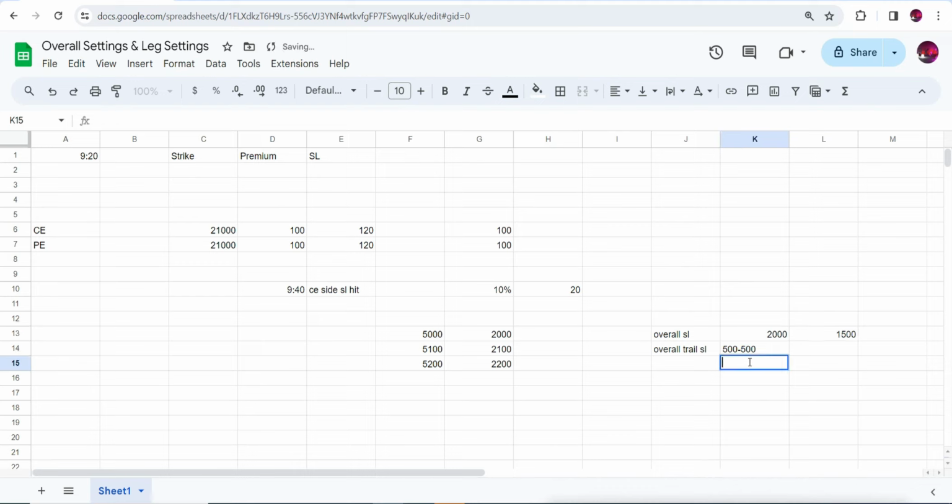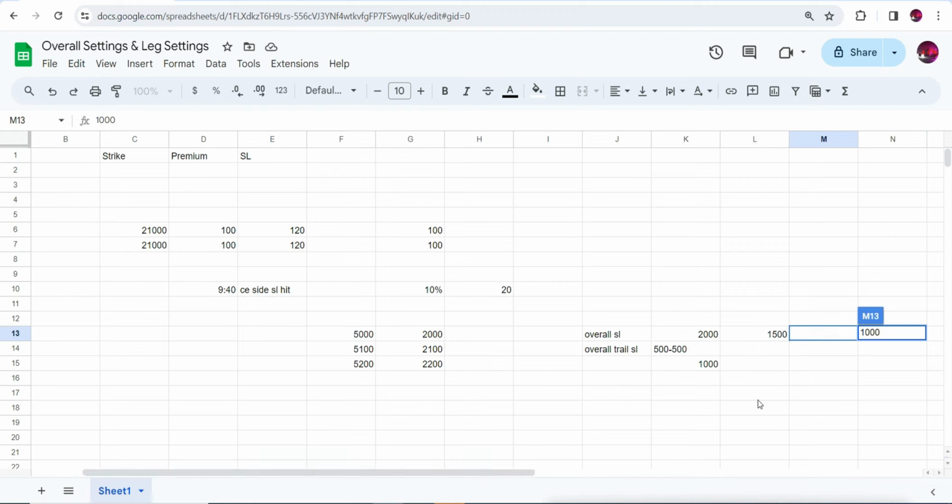Now assume again we get 500 profit, from 500 profit to again 500 more, our profit is 1,000, sorry. So now what the overall trail stop loss does is, it will again trail our stop loss by 500. So again, 500 trail means our overall stop loss is 1,000 now. If the market reverses and hits 1,000 loss, then it will exit.